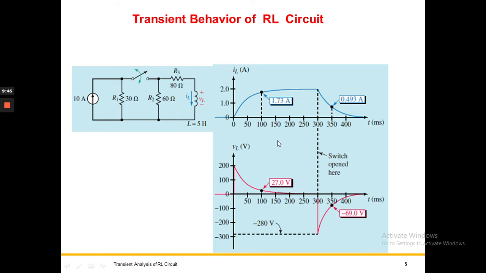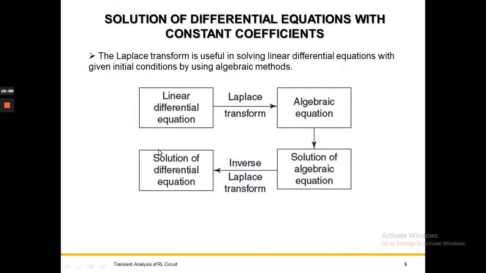So if there is only one inductor, then the differential equation that represents this network will be first order. You can solve the first order differential equation, but it is easier to use the Laplace transform to solve it. It is analogous to using the logarithm and anti-logarithm concept.